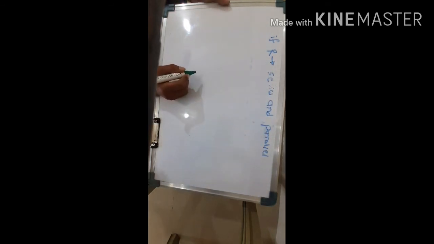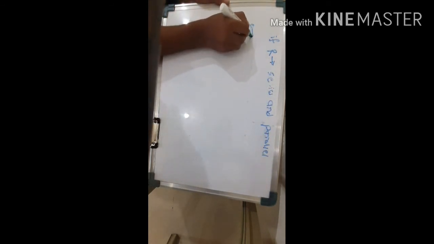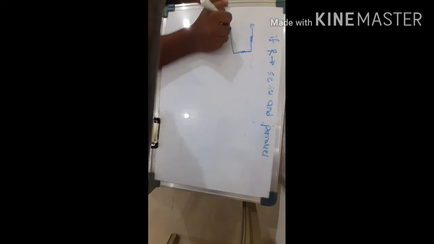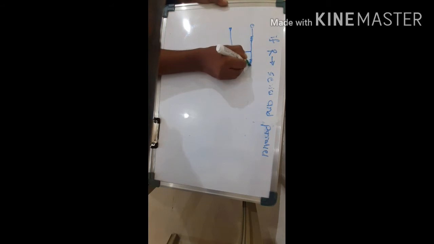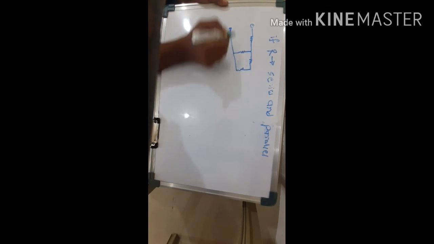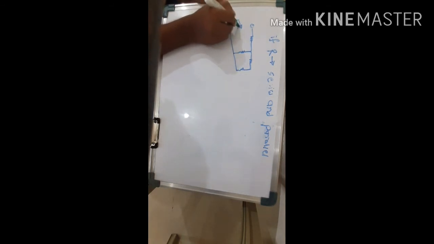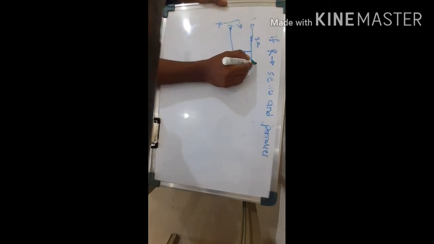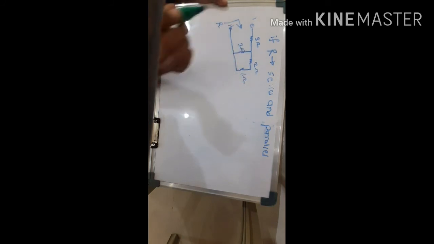From the left hand side, we will find the value of the equivalent resistance. Here there are 4 resistances. Here this is 3 ohm, this is 2 ohm, 1 ohm, and this is 3 ohms.